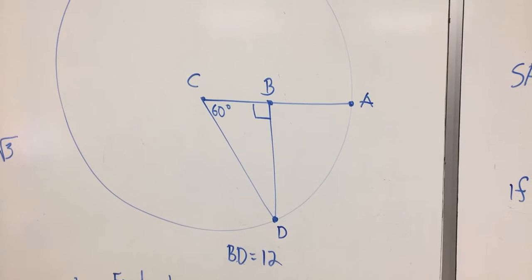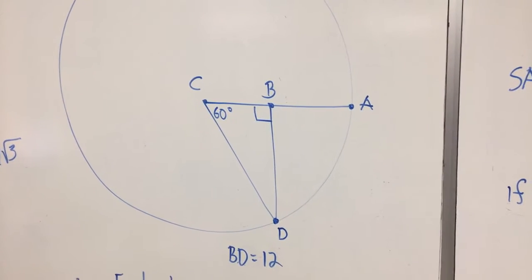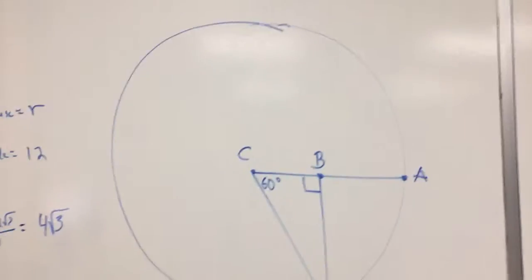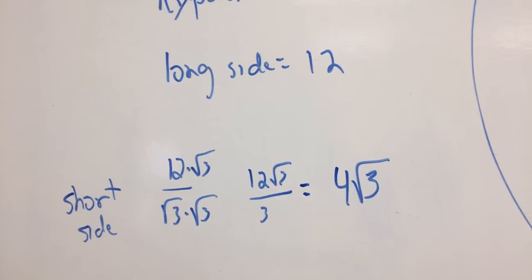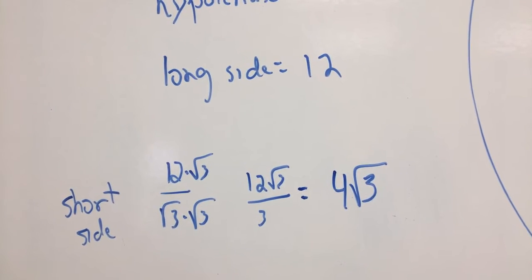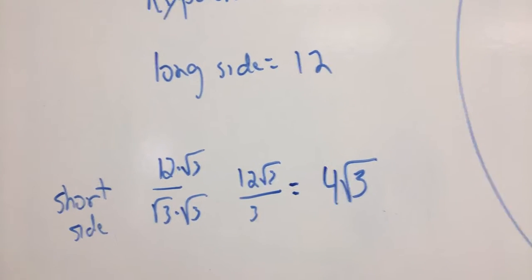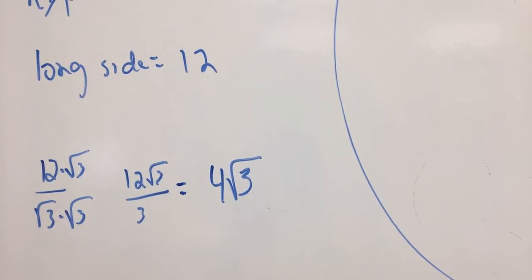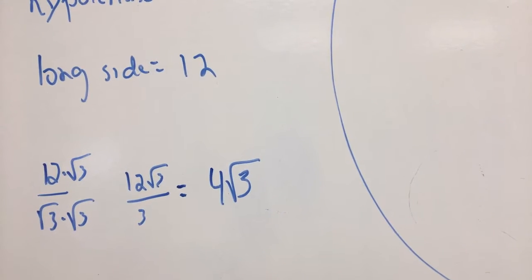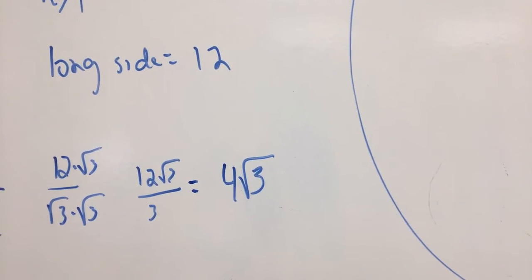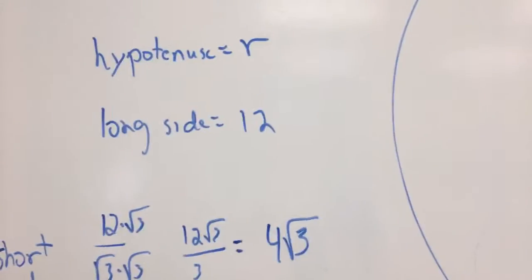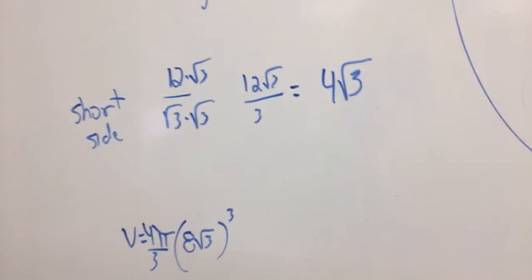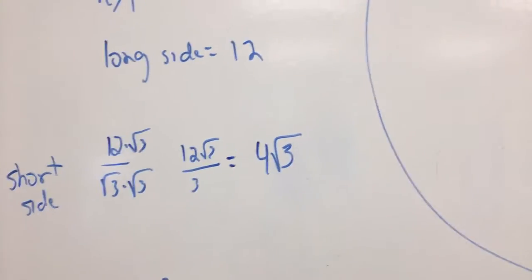If the long leg is 12, the short leg is 12 divided by the square root of 3. Rationalizing the denominator by multiplying the top and the bottom by the square root of 3 and simplifying, the short leg is 4 square roots of 3. And the hypotenuse is twice the short leg. Ta-da! So that means the hypotenuse of this thing is 8 square roots of 3.